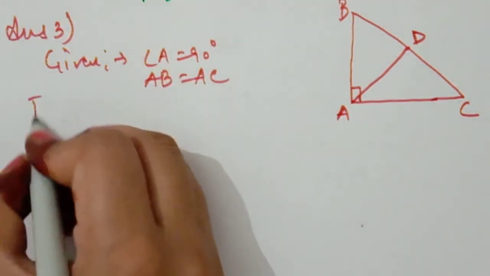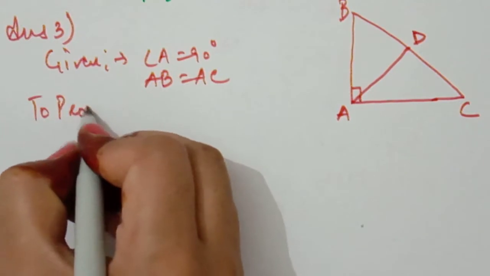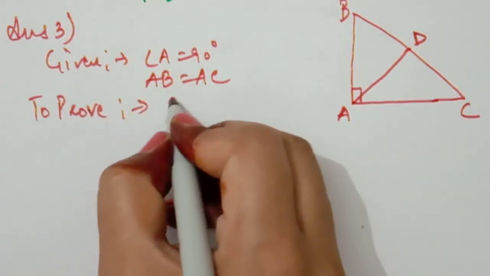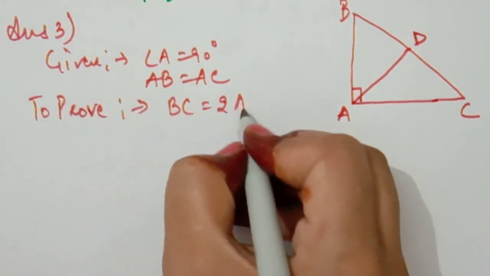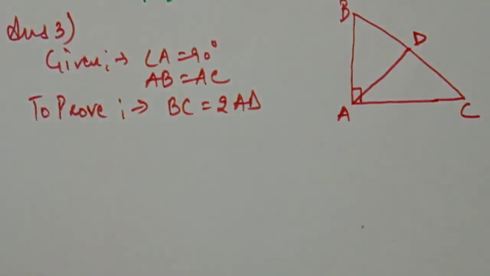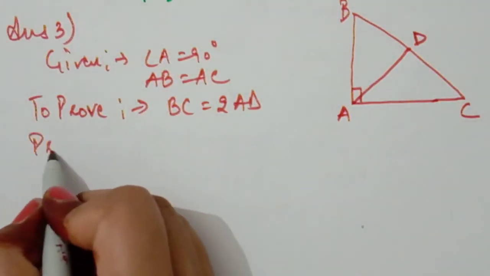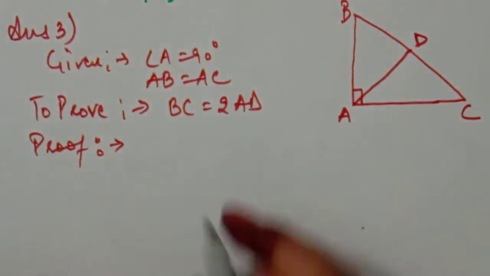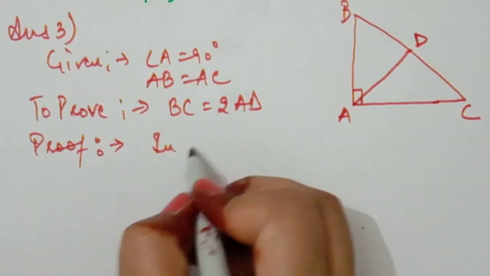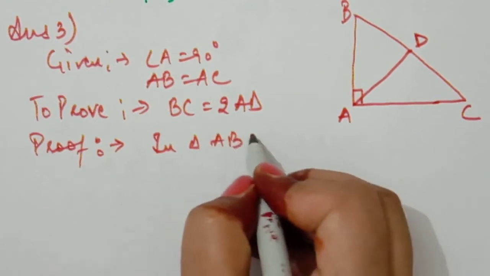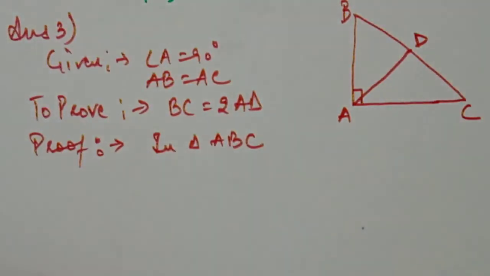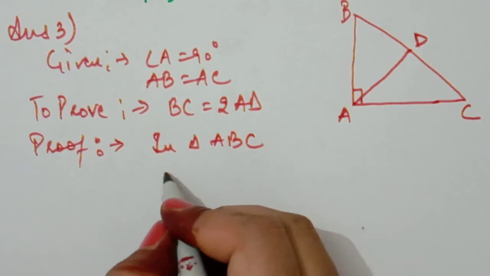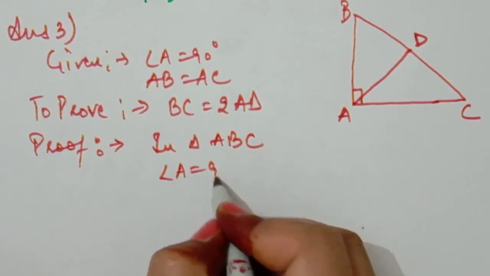We have to prove BC is equal to double of AD. So proof is, in triangle ABC, angle A is 90 degrees.